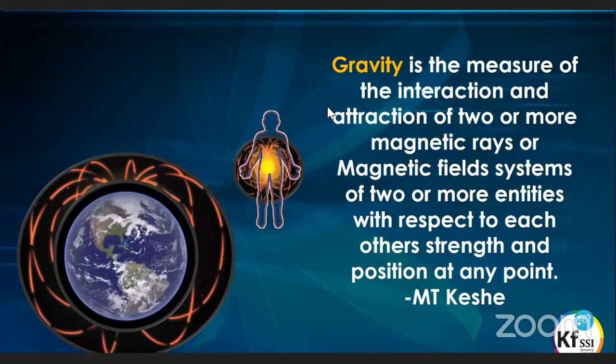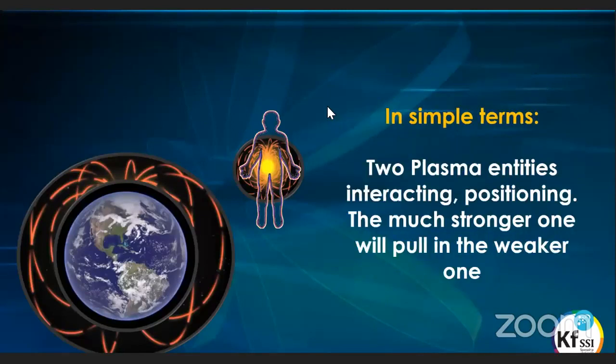To simplify that, it's essentially two plasma entities interacting and finding their position, and the much stronger one will pull in the weaker ones, the stronger one being Earth and then ourselves. Because we've got to view everything as a plasma and everything in the view of positioning and interaction of these fields.